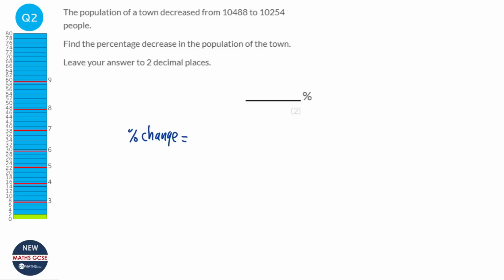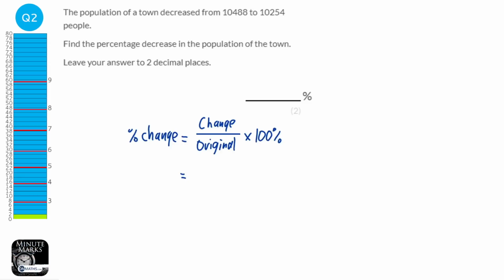There's a formula we use for this, and it is percentage change is equal to the amount that's changed over the original amount, and all of that times 100%. So how much has changed here? Well, we need to do 10,488 take away 10,254.